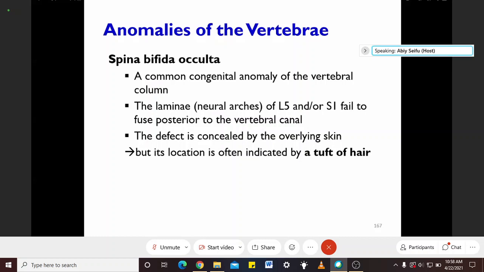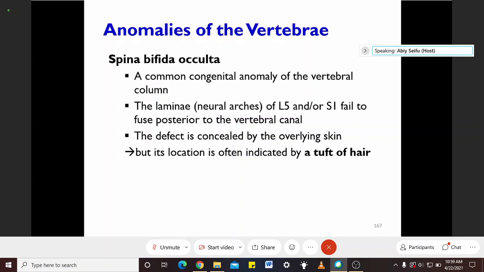Normally, there is no tuft of hair over the skin of the vertebral column. But if there is spina bifida occulta, there is a tuft of hair that is easily identified, because there is no bulged structure, because the neurovascular structure that is found within the vertebral column is still present within the canal.